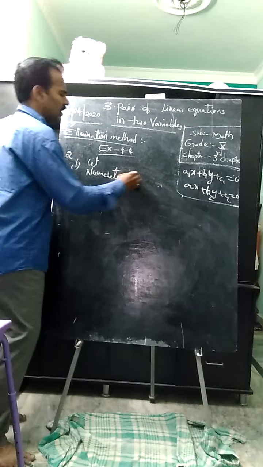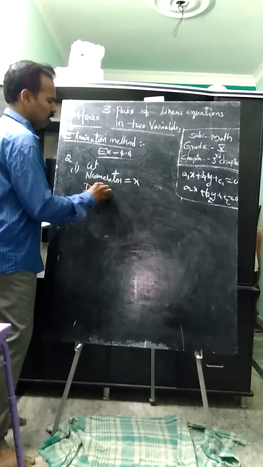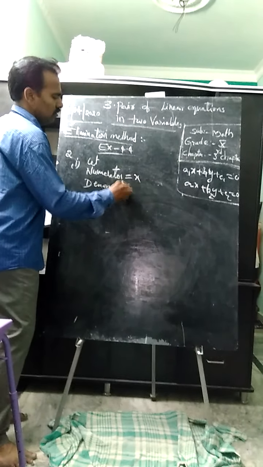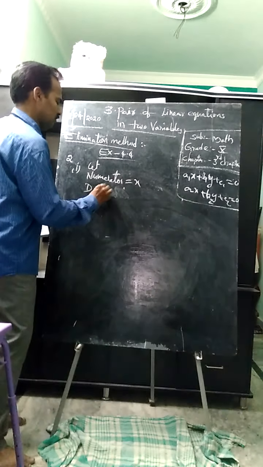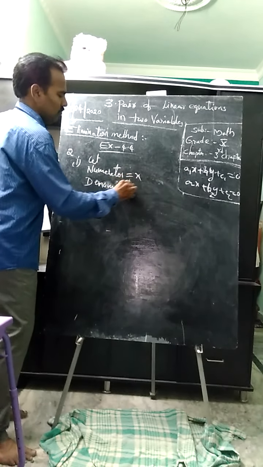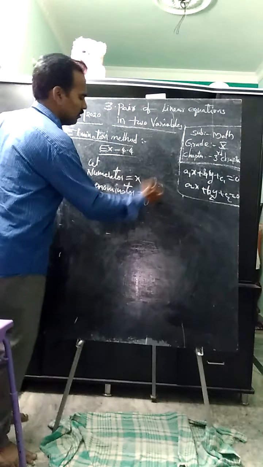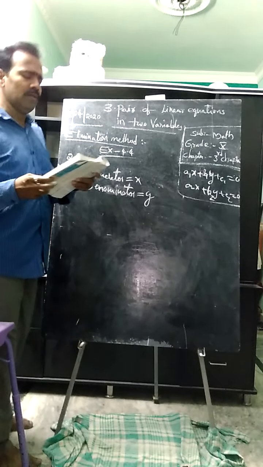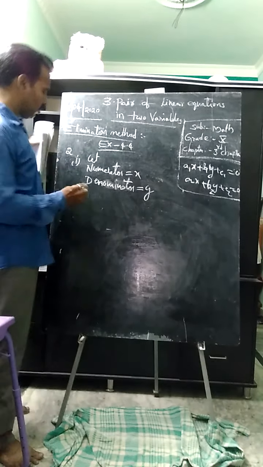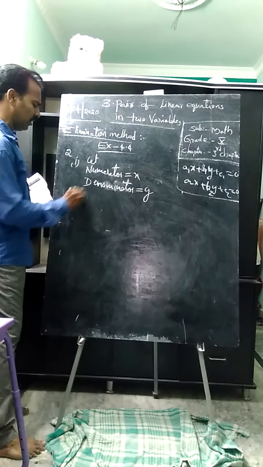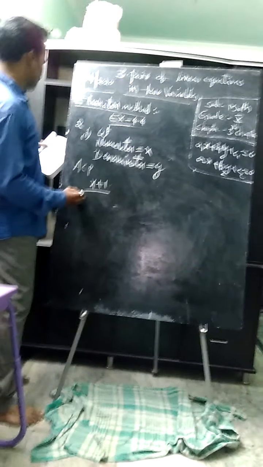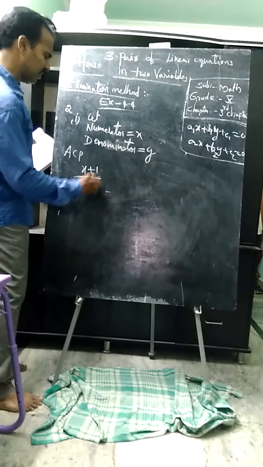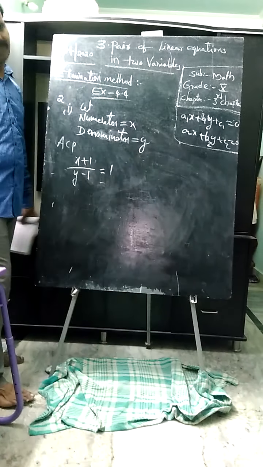So let the numerator be x, denominator as y. So as given, add 1 to numerator and 1 is subtracted from denominator, it becomes 1.